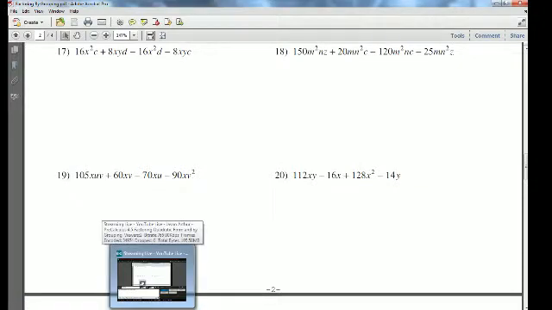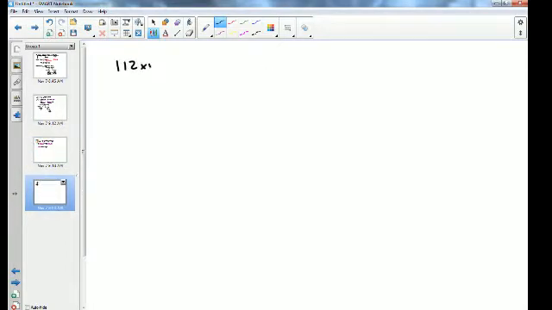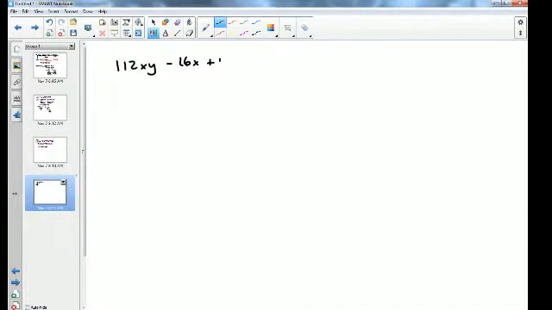So 112xy minus 16x, 120x squared. Okay, so I'm looking at this problem. I could factor an x out of here, right? Yes.